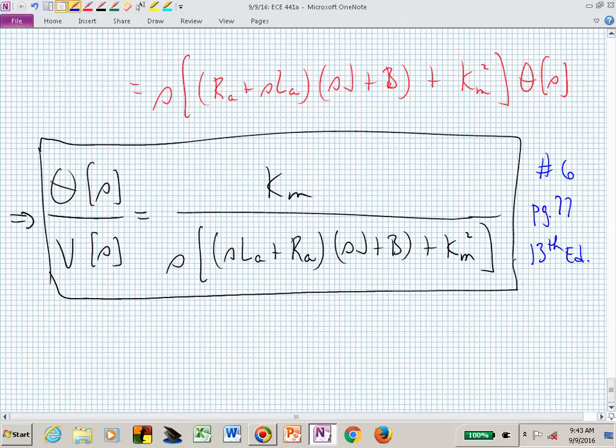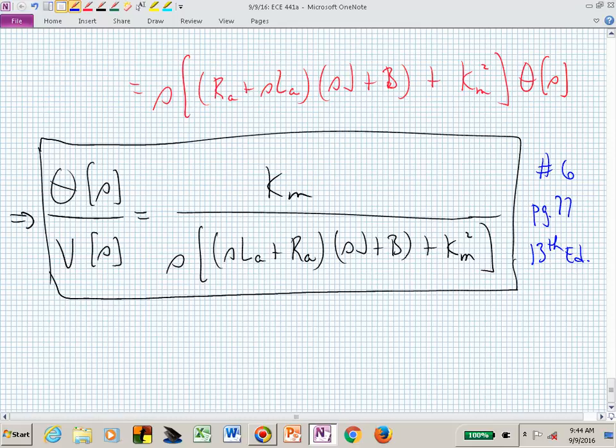What's the order of that system? If you multiplied that denominator, what would be the highest power of S? It'd be 3. So we have a third order system.